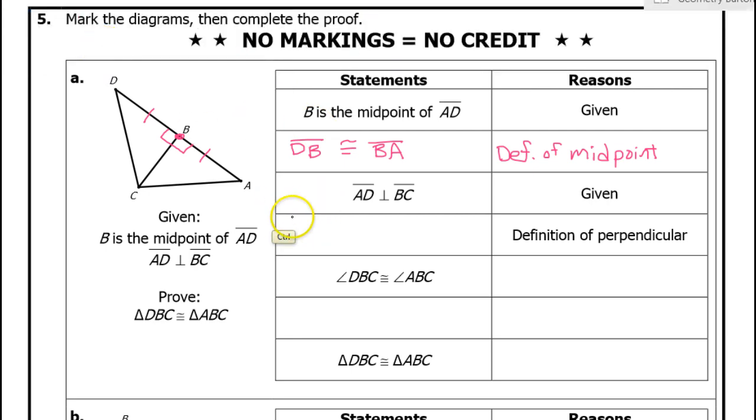It's kind of a little bit of a sentence. So I'm going to say angle DBC and angle ABC are right angles. And that's because of the definition of perpendicular. Oh, look, the previous statement said perpendicular, definition of perpendicular. That's very common.